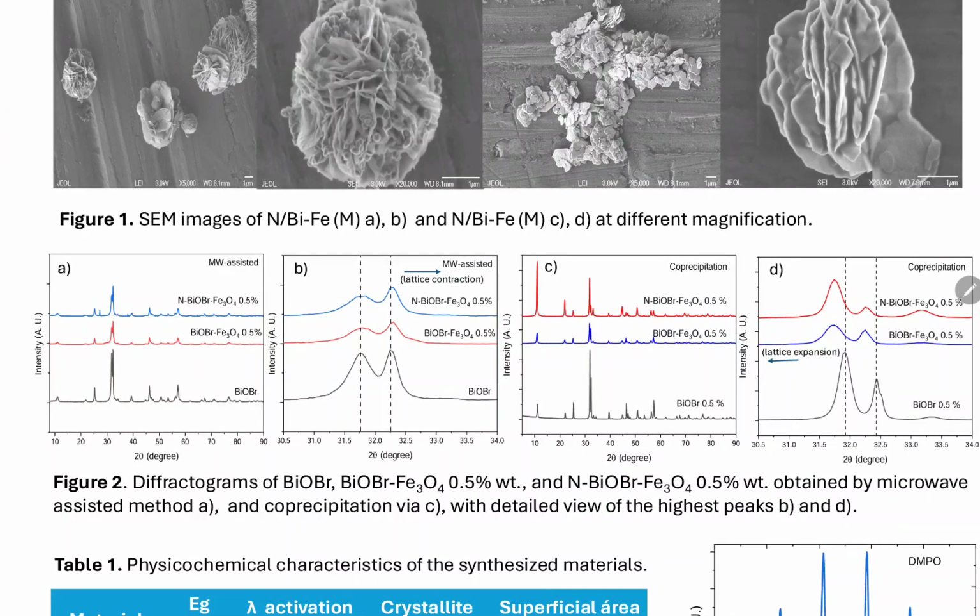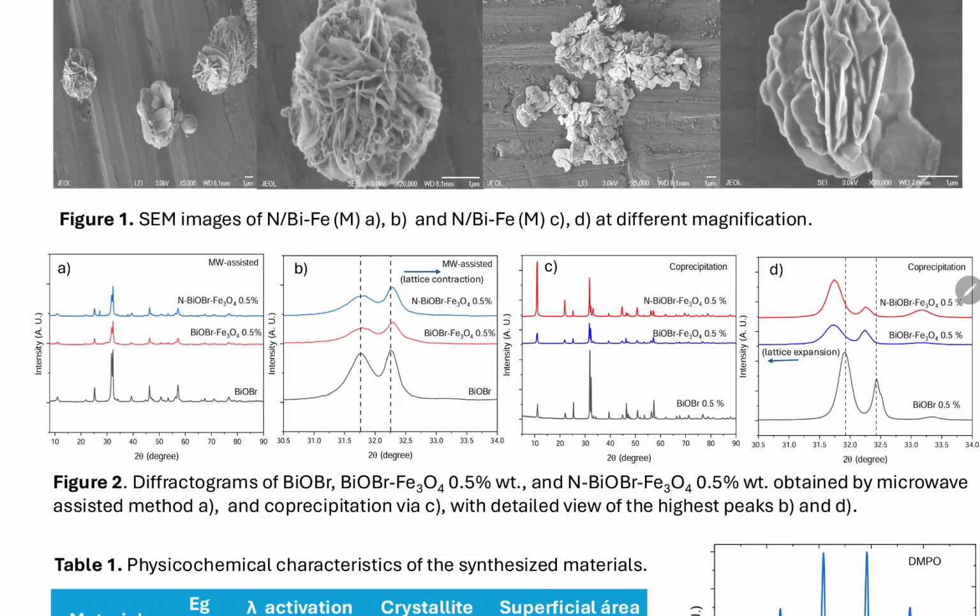In figure 2, we have the diffractograms of the materials, obtained by the microwave-assisted method for letter A and by the coprecipitation method for letter C, with a detailed view of the highest peaks for letters B and D. The displacement of 2 theta degrees in the XRD patterns was another difference between synthesis methods.